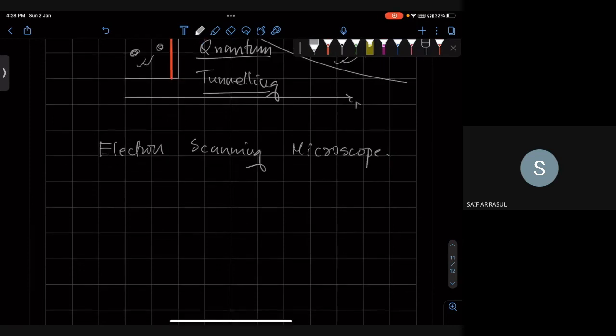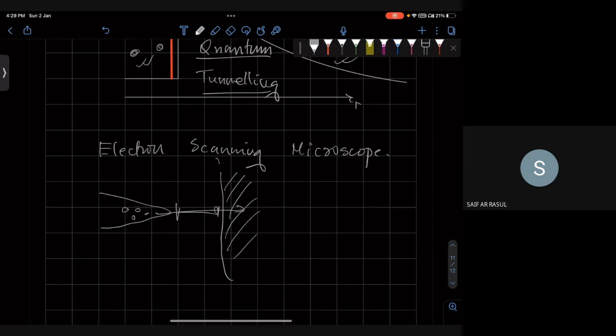And what it does is that you have some sort of tip, and you have a surface. There are some free electrons, and this is a potential barrier, but there is some probability that the electron will escape to the surface, and if it does, then it creates a current.